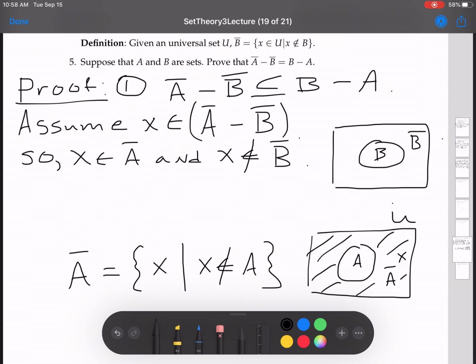And if we're not in B complement, then that means we've got to be in B, right? So if you're in A complement, that means you're not in A. So X is not in A. And if you're not in the complement of B, then you have to be in B. It's one or the other or both.